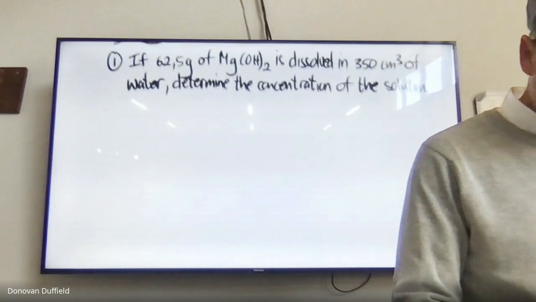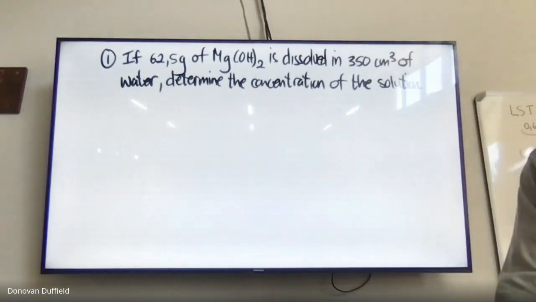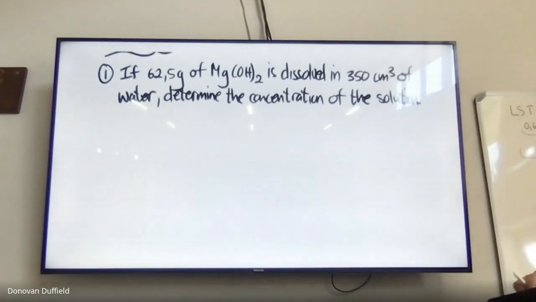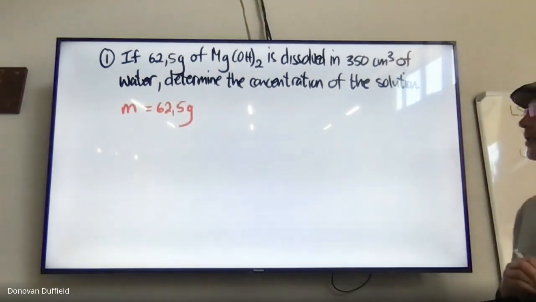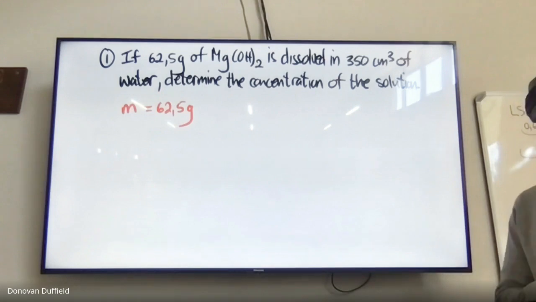So let's do this. What are we given here? The mass of the sample is 62.5 grams, dissolved in 350 cubic centimeters of water. Now watch what I do here.